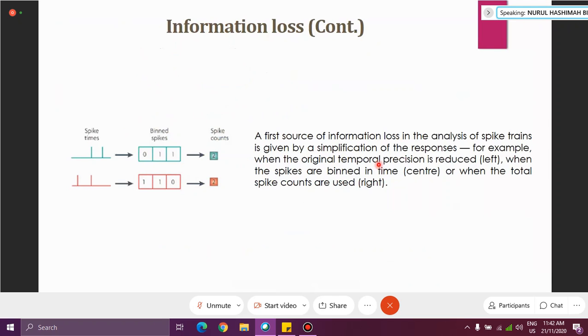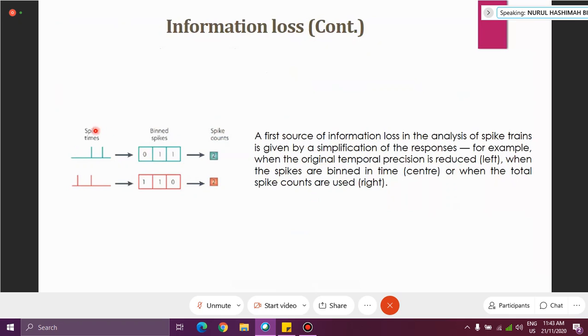So the first source of information loss in the analysis of spike rate is given by the specification of the response, for example when the original temporal position is reduced, when the spikes are binned in time, or when the total spike counts are used.